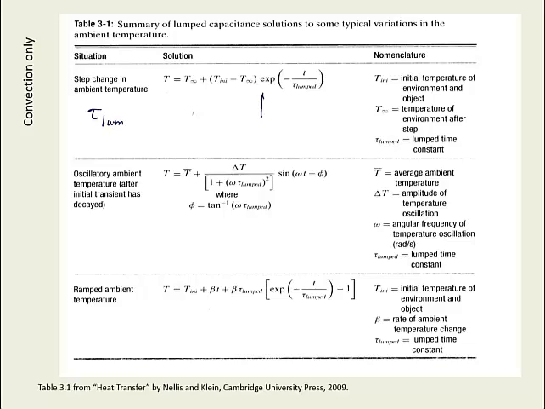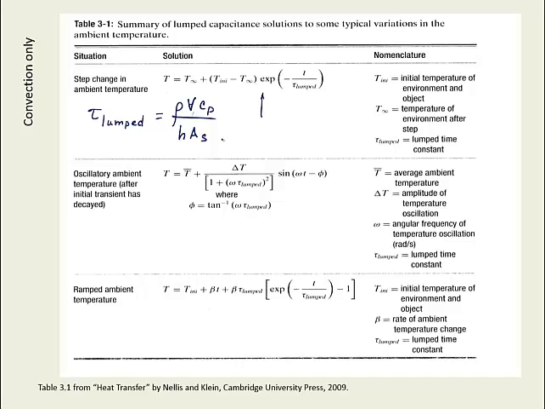They call it a time constant, tau, lumped for this lumped capacitance object, and the value is rho times volume of the object divided by C sub p, divided by h times A surface. So that combination of parameters we saw before that made the equation look bigger, now we've redefined it as this time constant and inserted it into the equation.